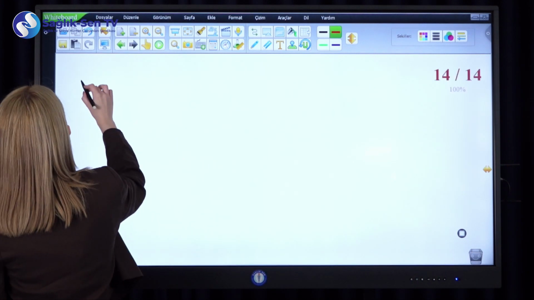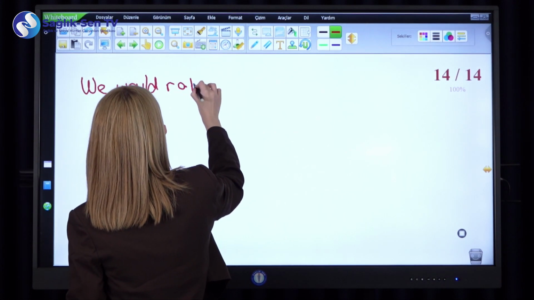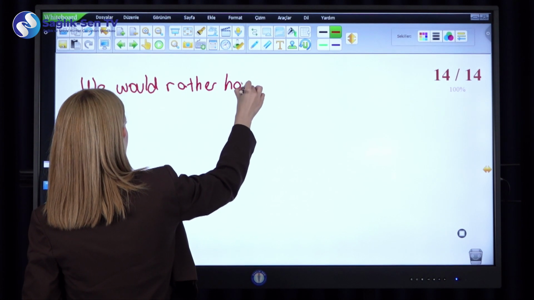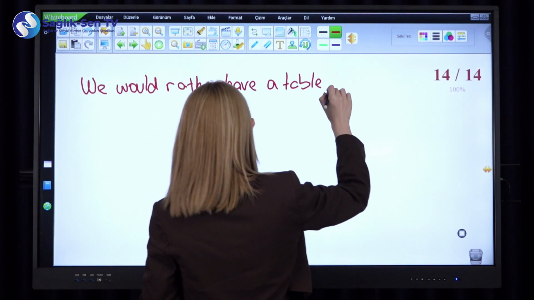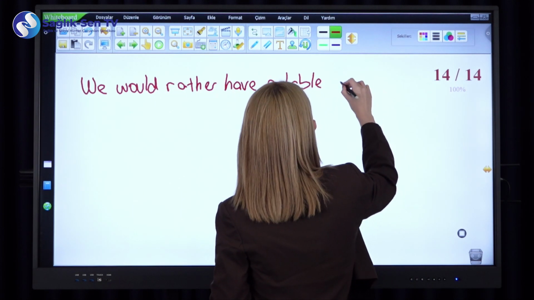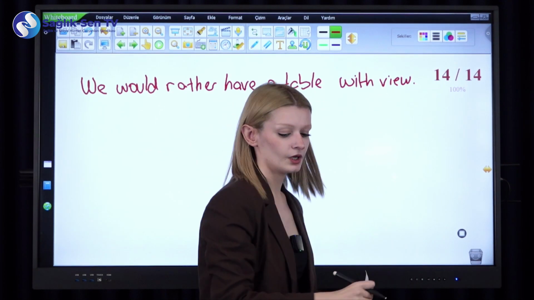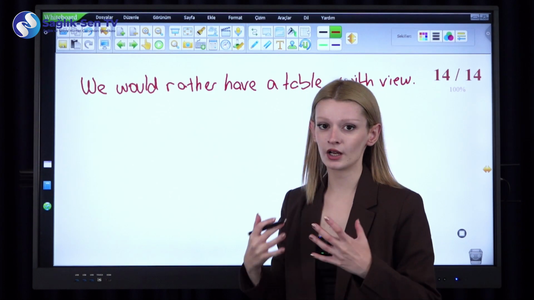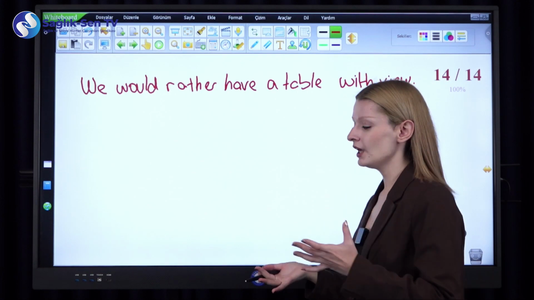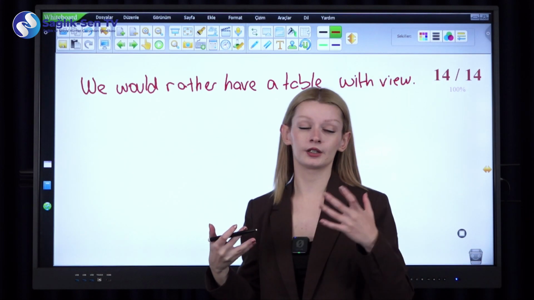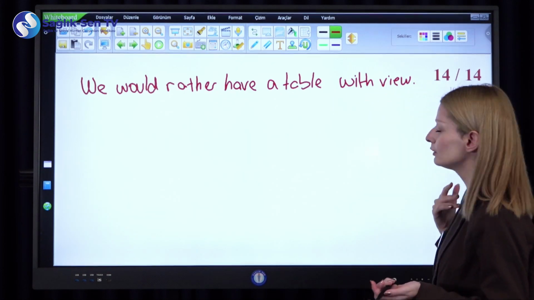For example, we would rather have a table with view. For example, you are in a restaurant, you sit at a table and you say to the waiter or waitress that we would rather have a table with view.